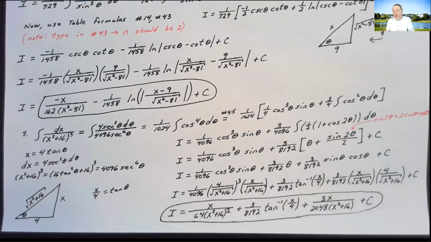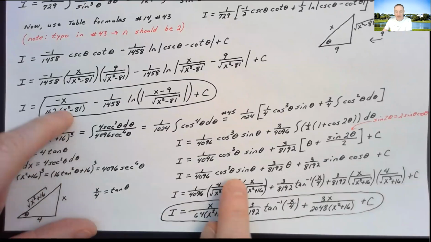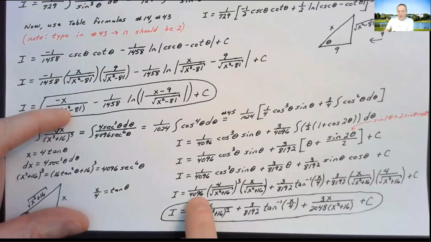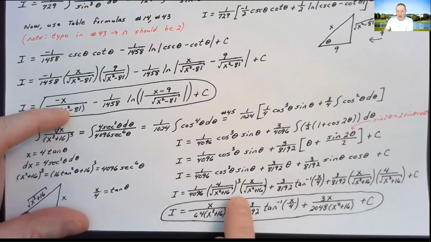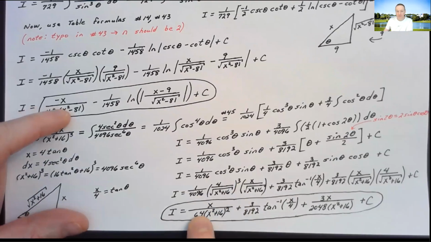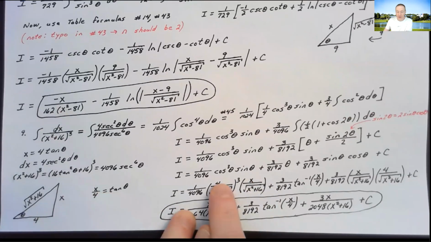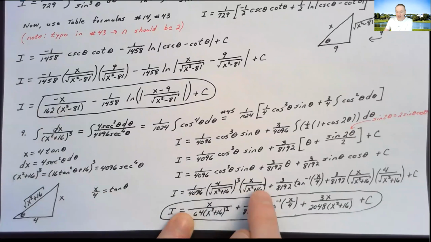At that point, it's just a matter of cleaning up the expression. What I did here is I realized 4 cubed was 64. 64 over 4,096 reduced down to 1 over 64. And then the only thing I had left in the numerator, because that canceled out, was a factor of x. My denominator is going to be 64 times the square root raised to the 4th power. Here I have the square root to the 3rd times the square root to the 1st.